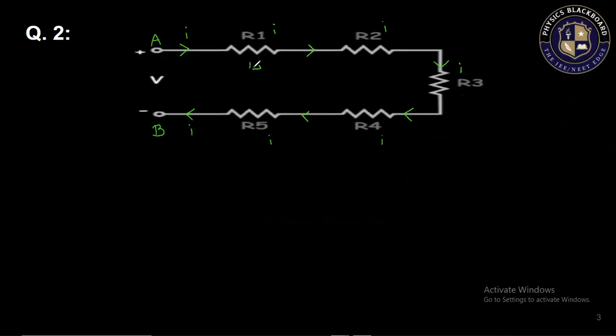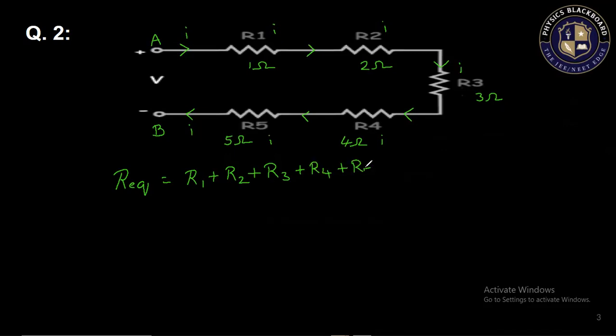Let's say R1 is taken as 1 ohm, R2 is 2 ohms, R3 is 3 ohms, R4 as 4 ohms, R5 as 5 ohms. Now as they are in series connection, what will you do to find the equivalent resistance? You will sum up all the resistances, that is R1 plus R2 plus R3 plus R4 plus R5.